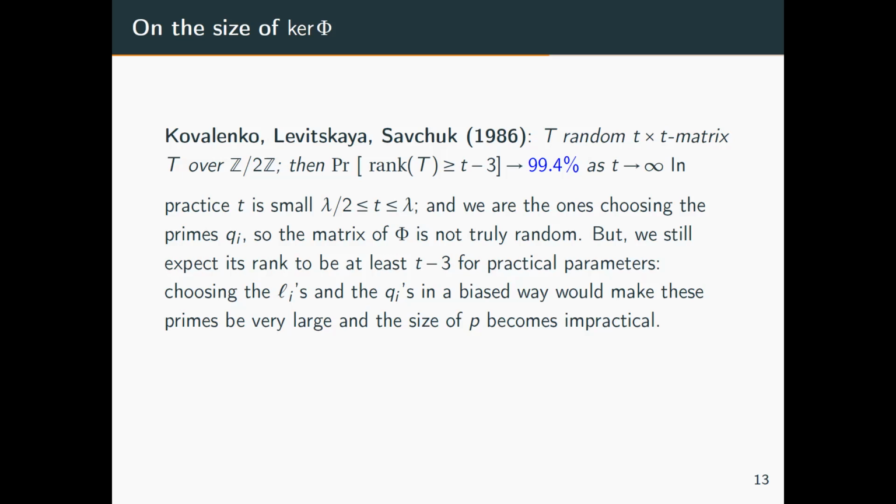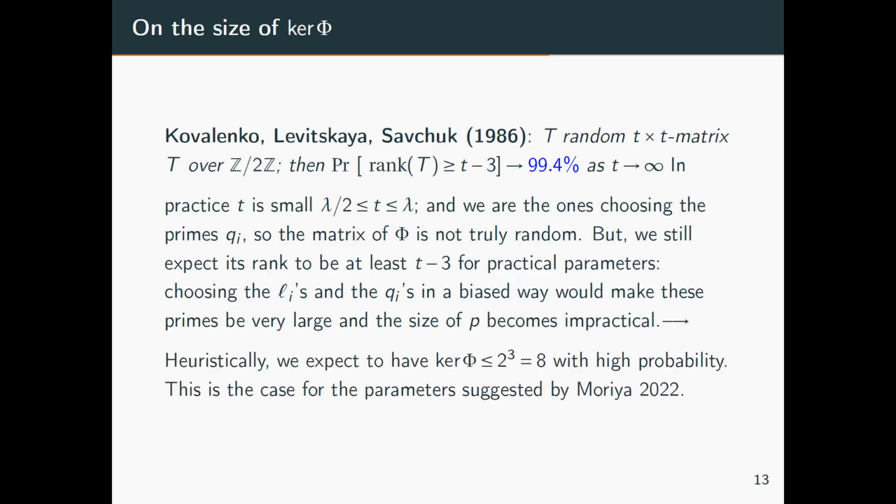Trying to satisfy this type of constraint, you will get parameters that are really, really large, so that you don't even want to build a scheme with it. So we believe that in practice it will be very hard to come up with parameters for which the rank of the matrix is smaller than T minus 3. So at the end, you will always have the rank of the map phi at least T minus 3.